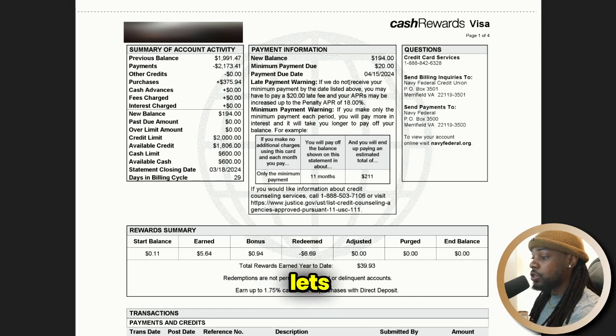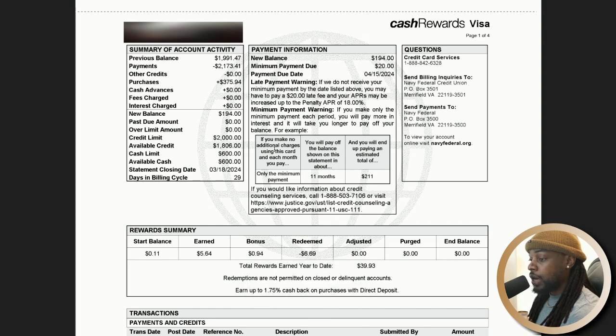Okay. But it lets you know if we do not receive your minimum payment by the date listed above, you may have a $20 late fee and your APRs may be increased up to the penalty, which is an APR of 18%. They also give you a warning, minimum payment warning. If you make only the minimum payment each period, you will pay more in interest and it will take you longer to pay off your balance.